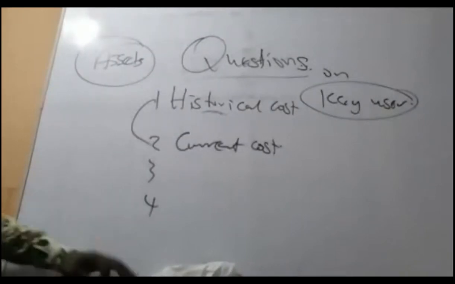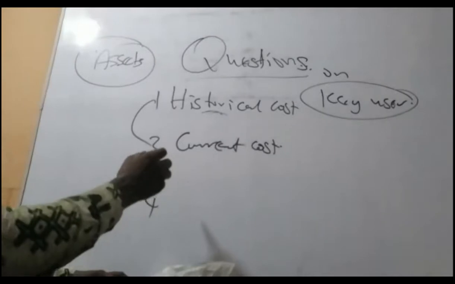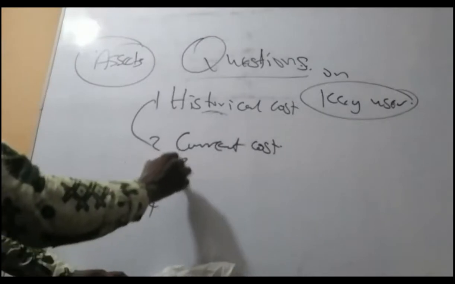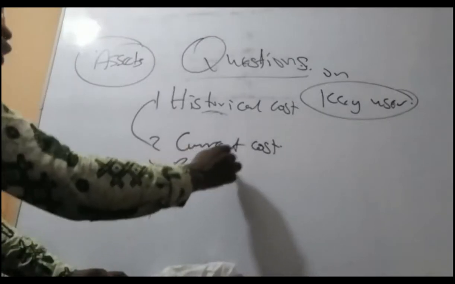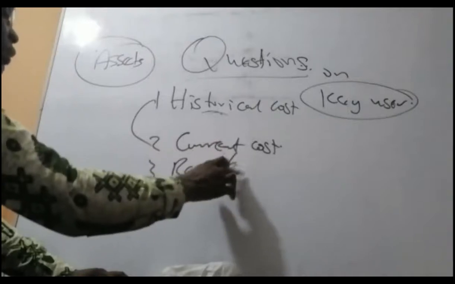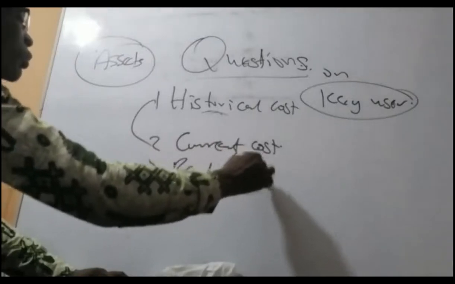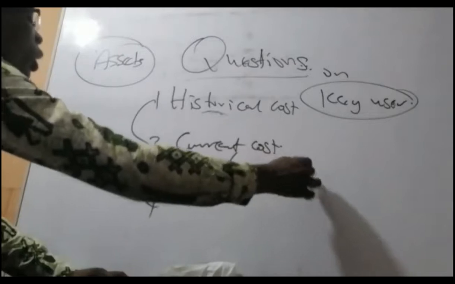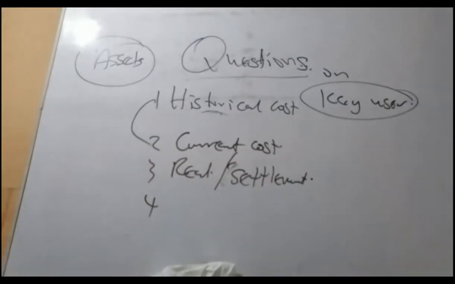Now the third point is the realizable value or the settlement value.